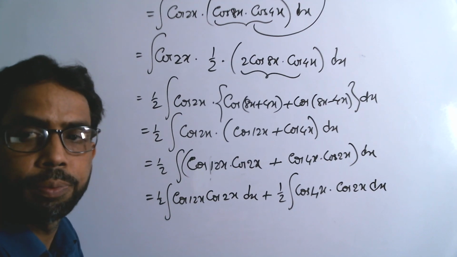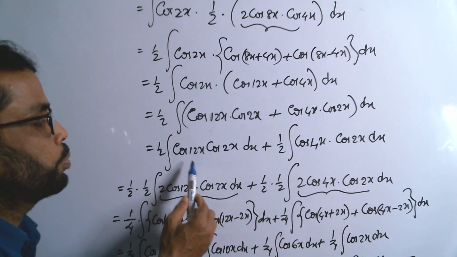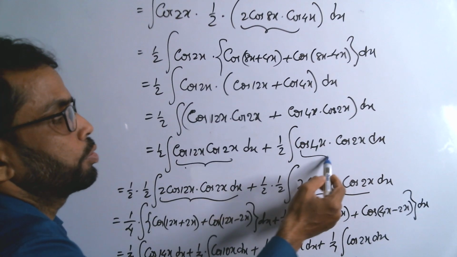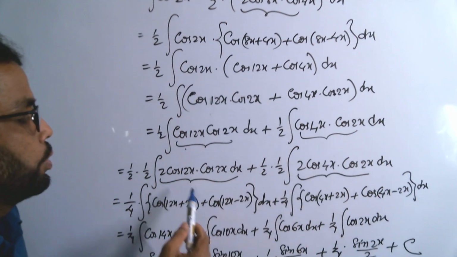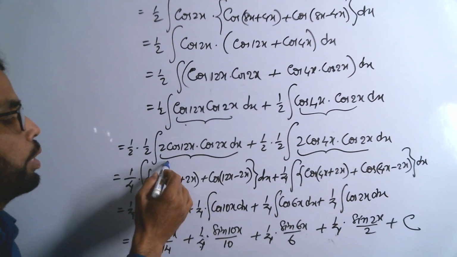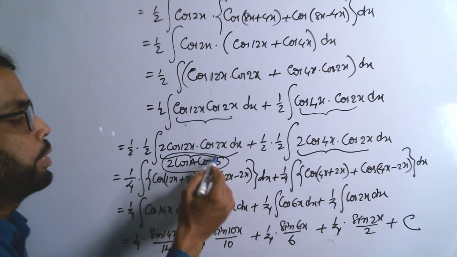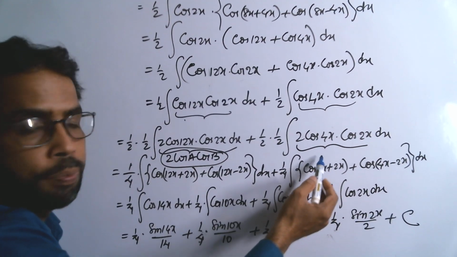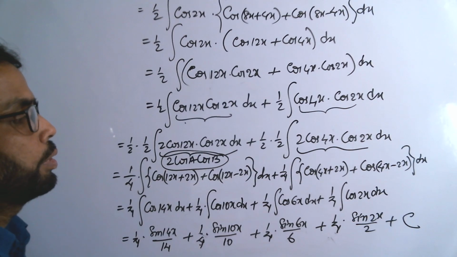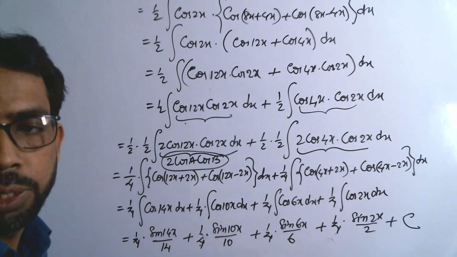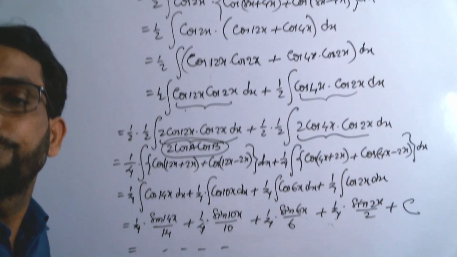So it is a product of cos cos, here also a product of cos cos. So we are applying again the 2 cos A cos B identity. The same identity we have applied here also, and then we easily get the integration.